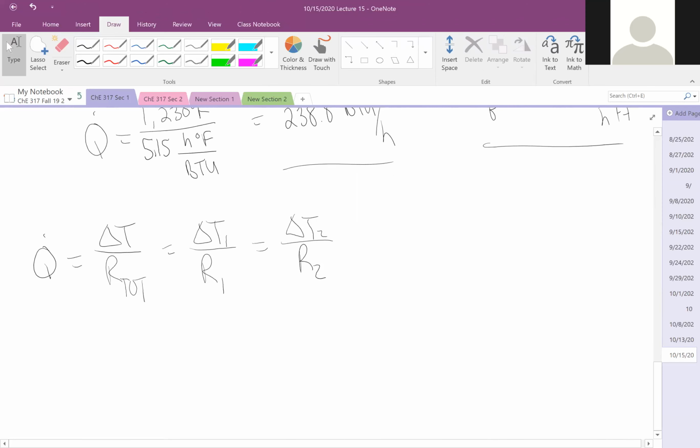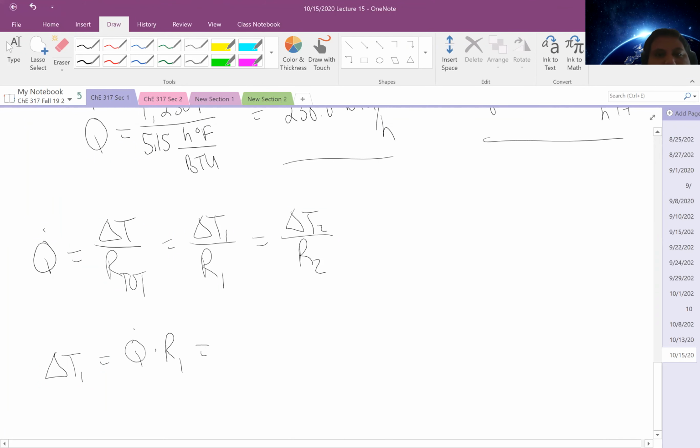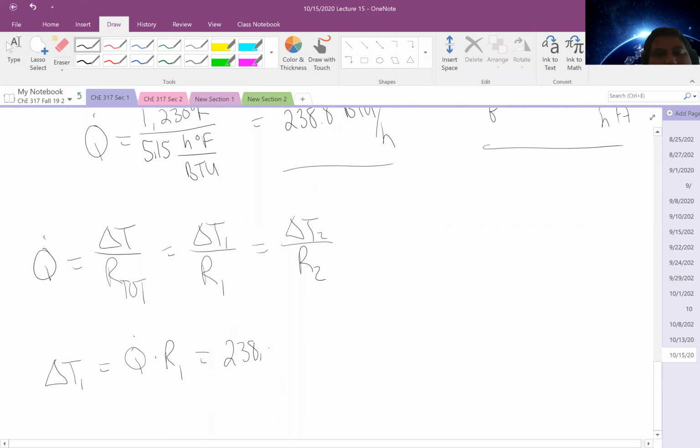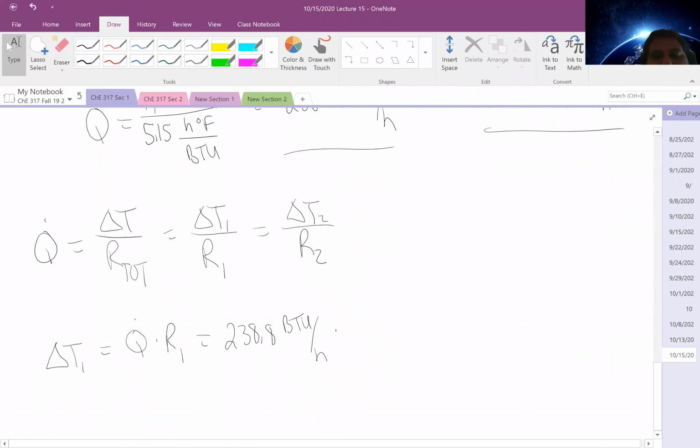T1. T1, okay. So I know by this expression, delta T1 has to equal Q times R1, or 238.8 BTUs per hour, times R1, which was approximately 4.21 hours degree Fahrenheit per BTU. We do that, we get approximate delta T of 1005 degrees Fahrenheit.